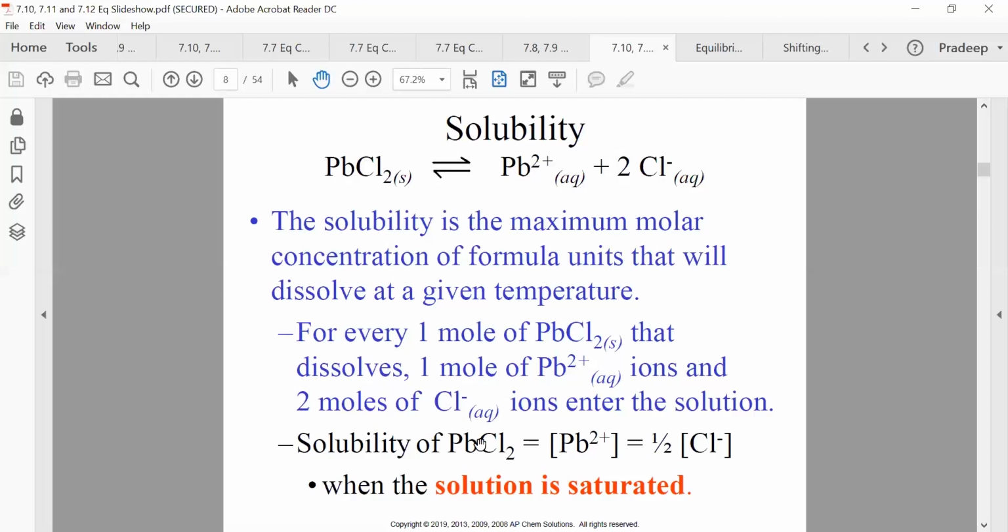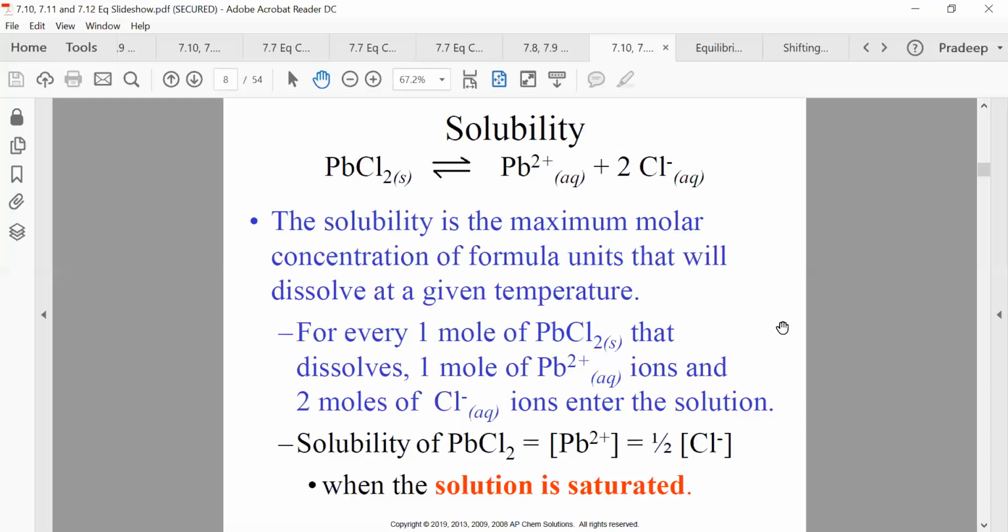Because they're both 1 mole, they are equal. So this is equal to 1 mole of Pb2 plus ions. But in the reaction, how many moles of chlorine are being produced? 2 moles of chlorine are being produced. So to equate that to this equation, you have to divide that by 2. So that's why it's half Cl minus.